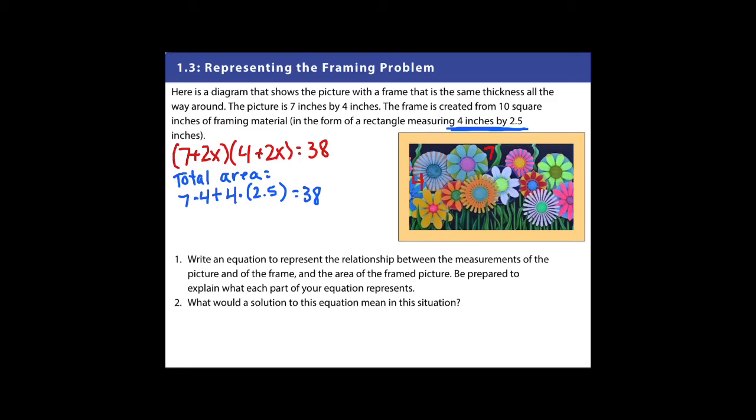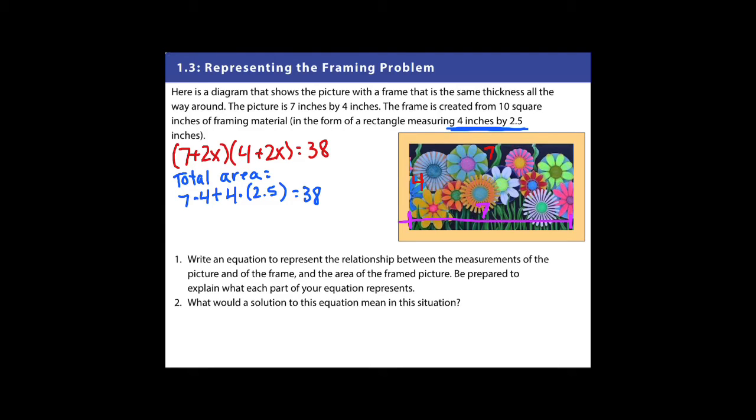So number 1, write an equation to represent the relationship between the measurements of the picture and of the frame and the area of the framed picture. So we would write this as 7 plus 2x, because if we're looking at just the picture, that is 7.